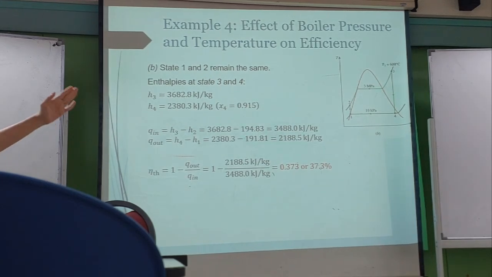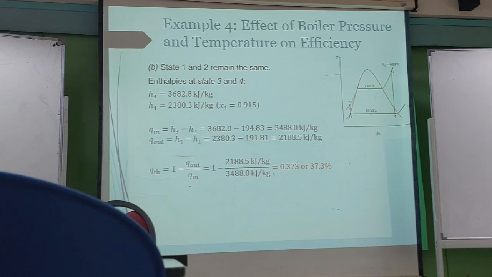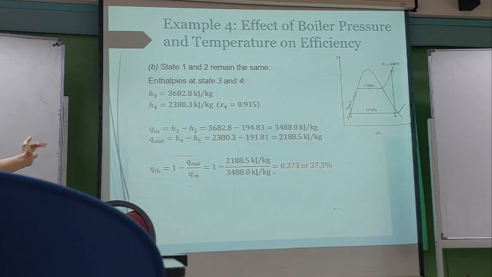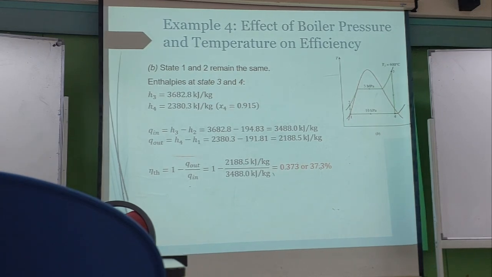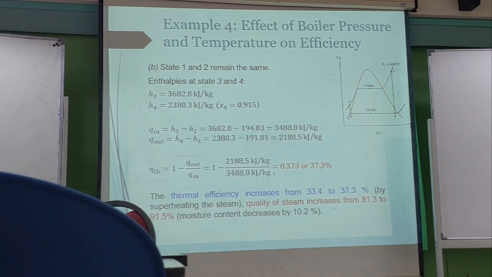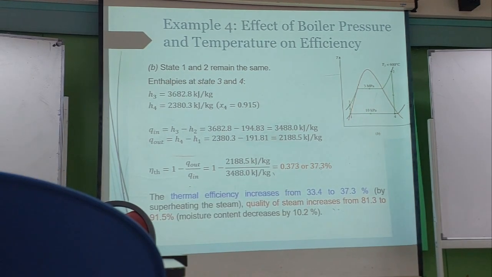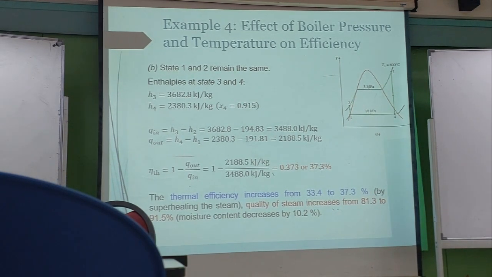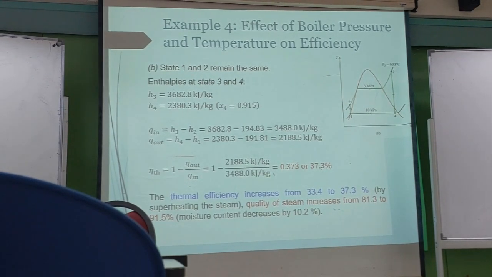So H3 now, from 350 degrees Celsius it becomes 600. If you get it from the table, this should be the H3. Repeat the exact same method and you should get the new quality and the new thermal efficiency. Again, as we discussed, you can compare these two slides. From the previous slide, thermal efficiency is 33.4.